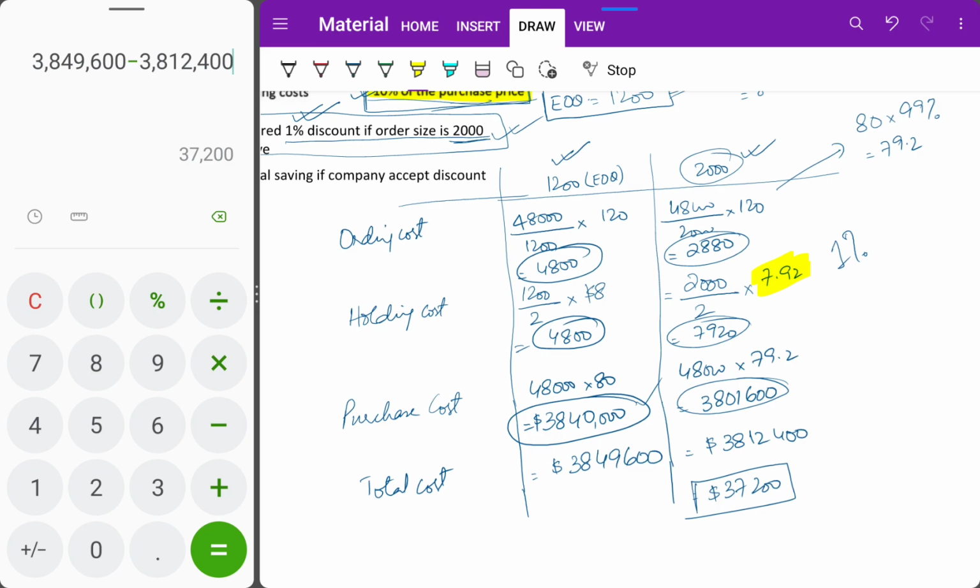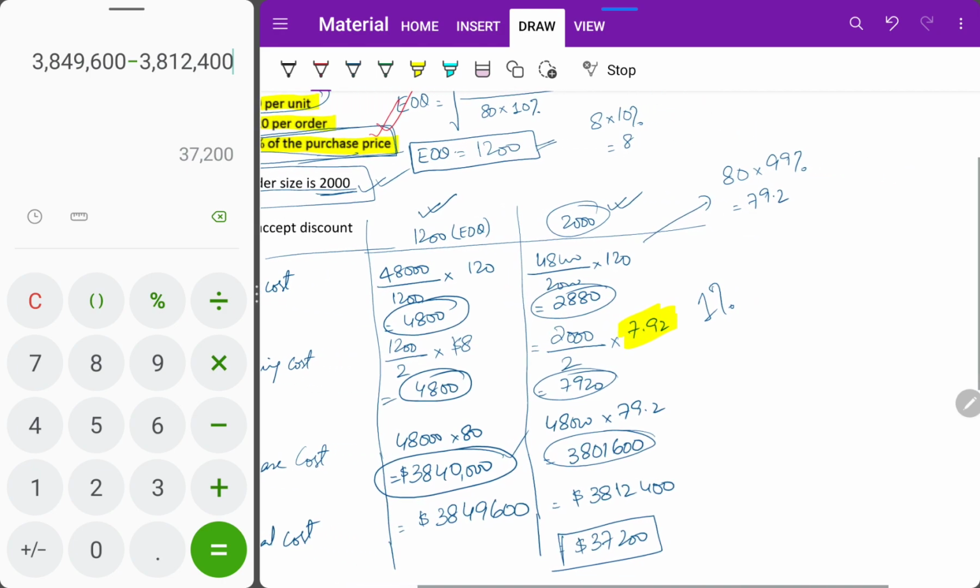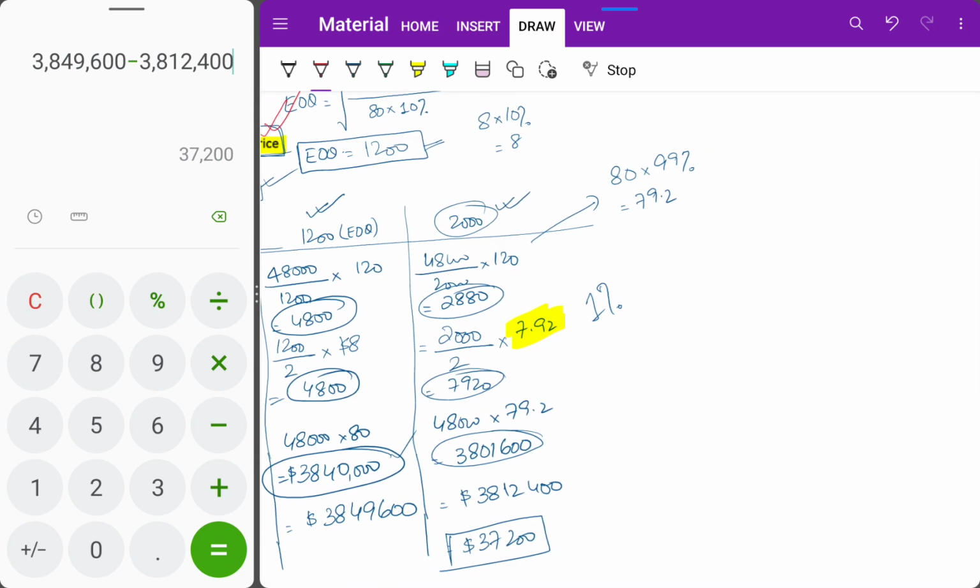If I'm saying that my holding cost is dependent upon purchase price, then what I'm trying to say is that whatever your purchase cost is, holding cost will be its 10%. And generally it's the case of interest rate, the cost of capital.